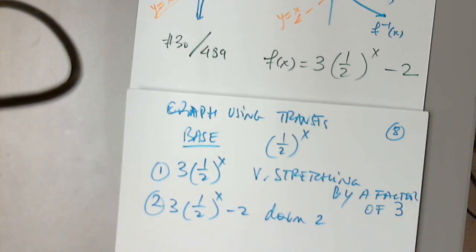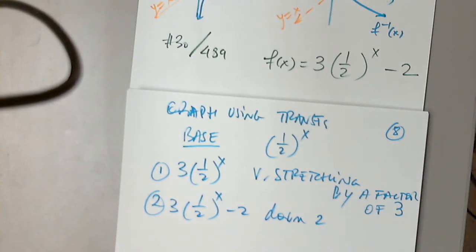No. But what if I shift it up or down? The horizontal asymptote moves with the graph. If I shift it up 3, the horizontal asymptote moves up 3. If I shift it down 4, the horizontal asymptote moves down 4 with the graph. So please keep that in mind.